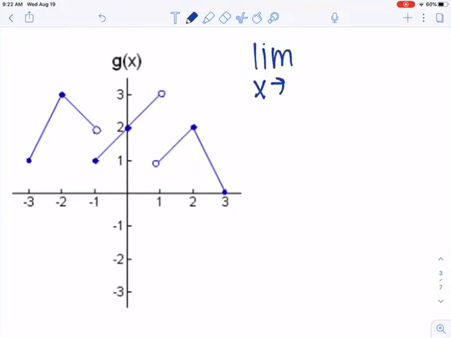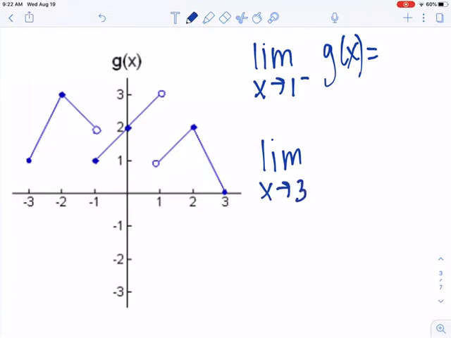Okay, so I'm going to give you a couple to think about. The limit as x approaches 1 from the left of g of x. The limit as x approaches 3 from the left of g of x.